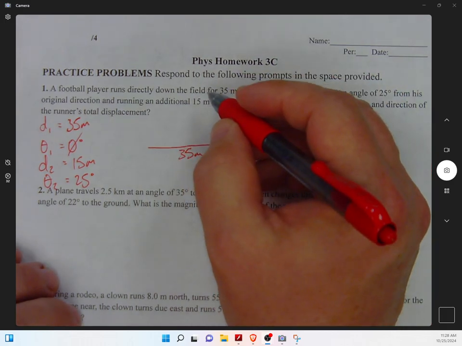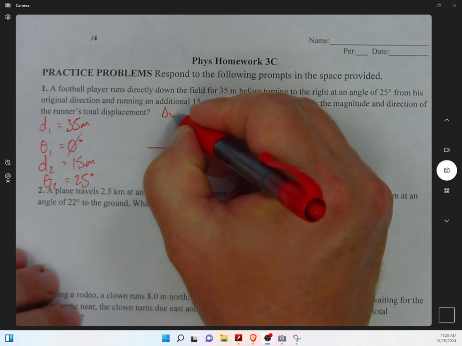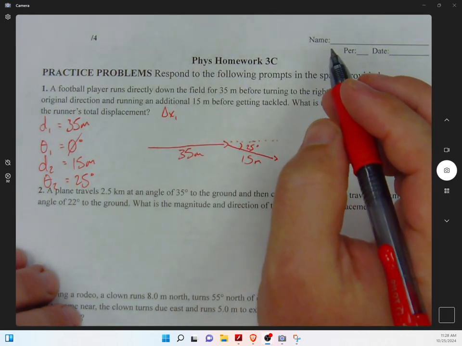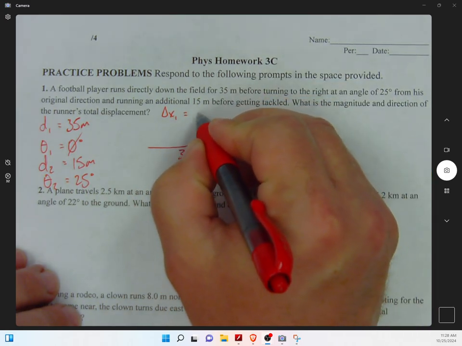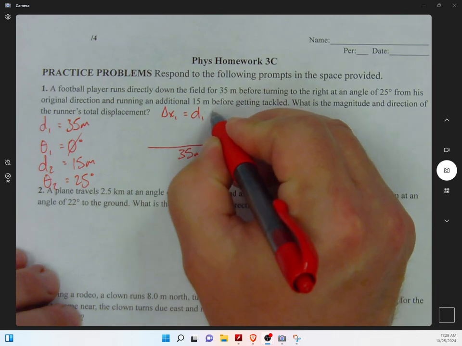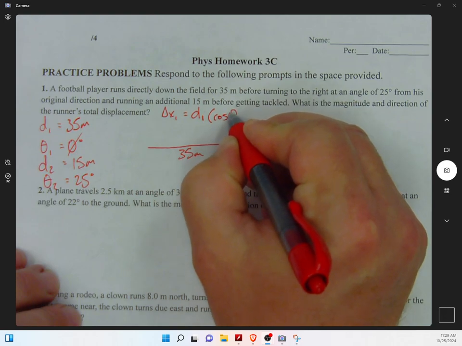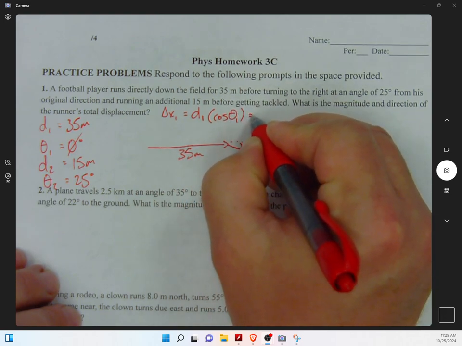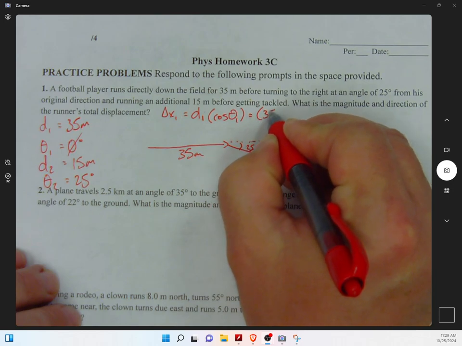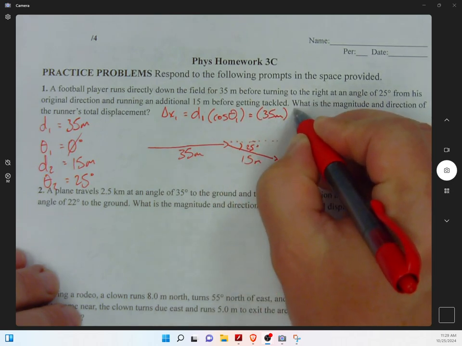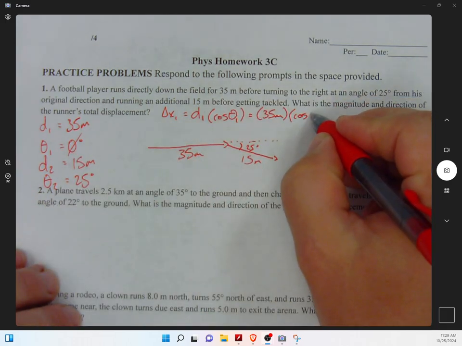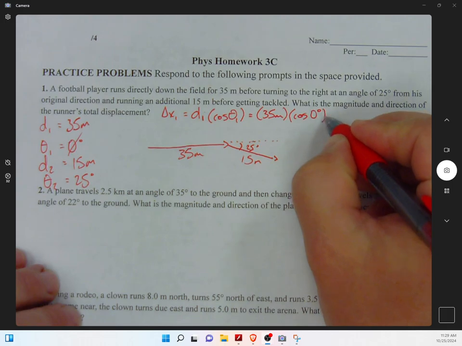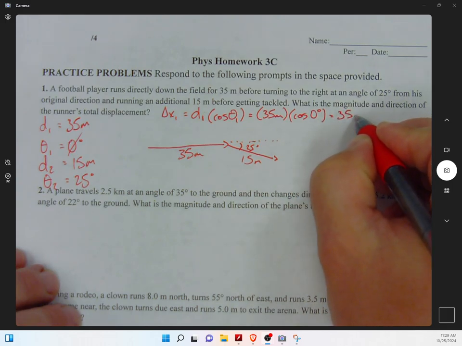Okay, so my first delta x is going to be the first displacement multiplied by the cosine of the first angle, which is 35 times the cosine of 0 equals 35.